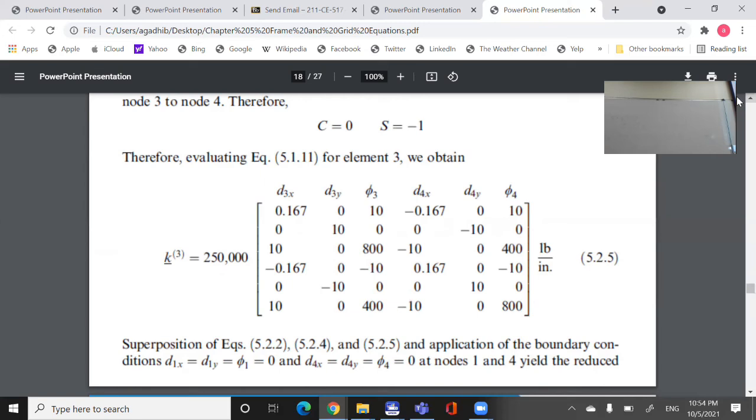This is global. Now, if you answer this question, we will finish for today. Member number 1 is vertical. Where is node 1? Here. Node 2 here. I want to know the shear and the moment here and here, at node 1 and node 2.